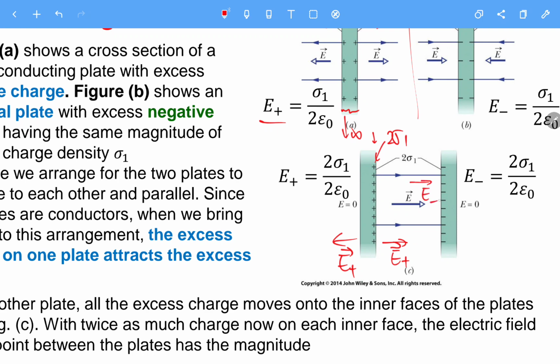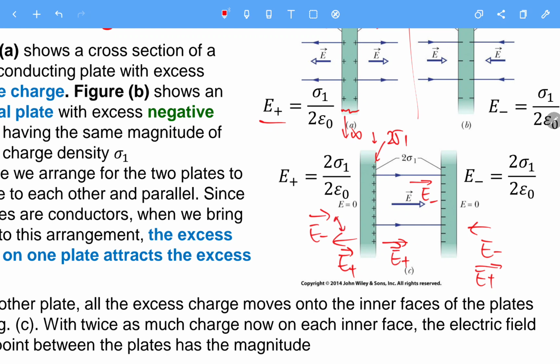So E minus points to the right side on one side, and to the left side on the other. This is the left side, so it is E plus, and this is the right side, including this one; E plus should be pointing to the right side. For E minus on the right side, it points to the left, and on the left side it points to the right. Including this part, it is E minus pointing to the right.